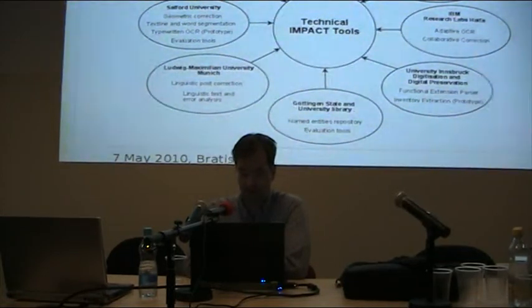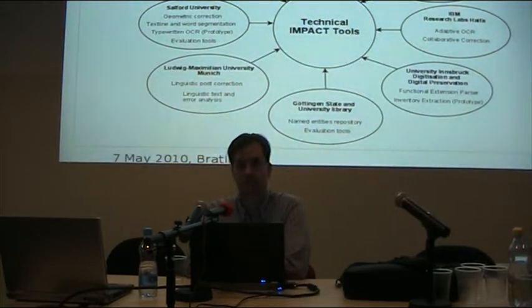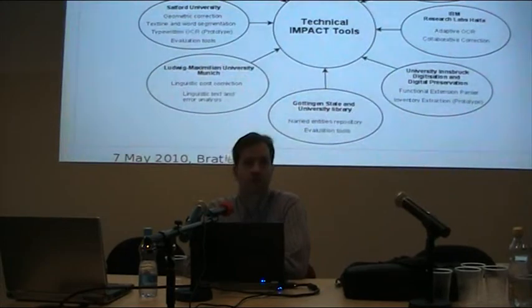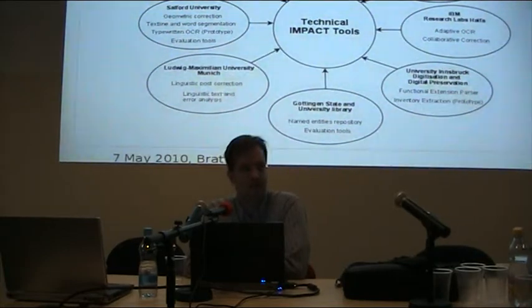Göttingen State and University Library is creating a named entities repository. This can be seen as a database where named entities are located and can be used dictionary-like in the OCR recognition. So you will also take named entities that might be present in your material of a certain period of time and use them as a dictionary to improve recognition.